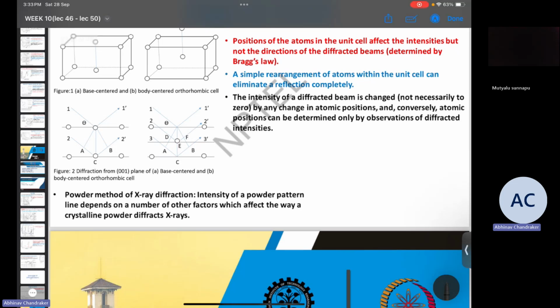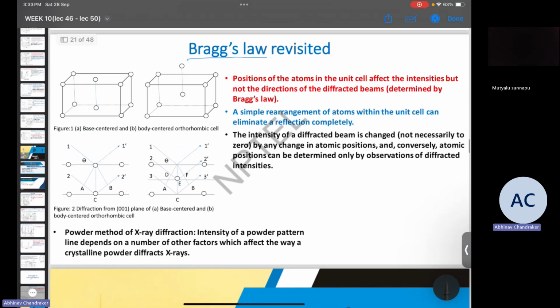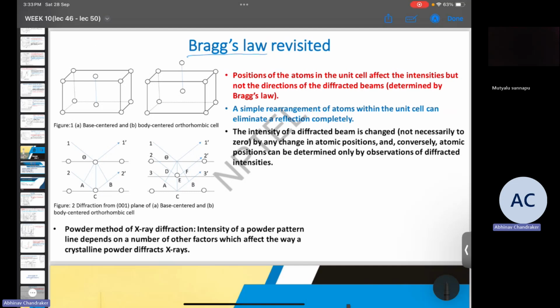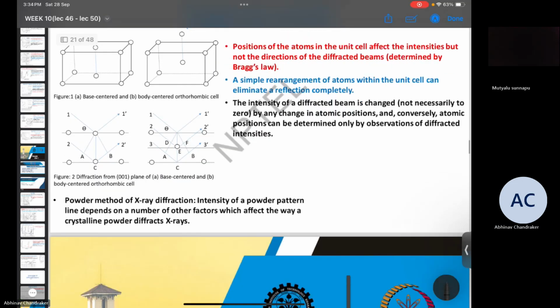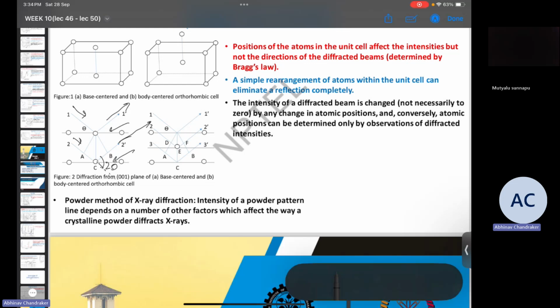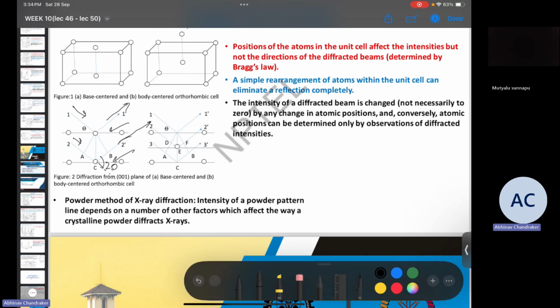I hope you all can recall what Bragg's law is. For example, if we have a plane of atoms like this and there is an incident beam coming, this plane of atoms can diffract it at a particular angle. Let's say it's this here, 2 theta, in the beam that is coming at this angle, and this is called the diffracted beam.